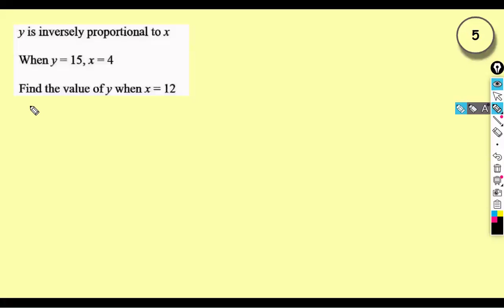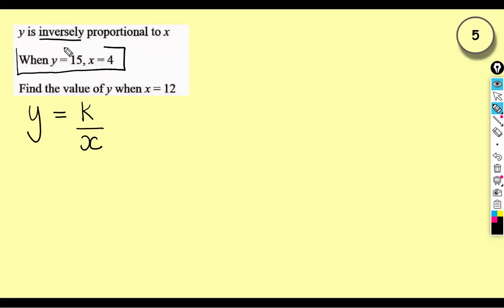So they said y is inversely, they use the phrase inversely, so that means the x goes underneath the k. First job, as usual, find k. They said that when y is 15, x is 4.